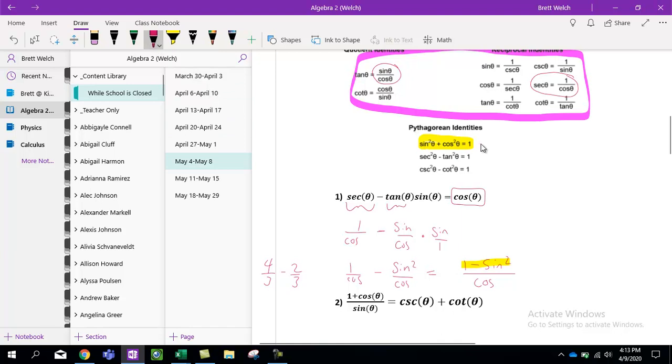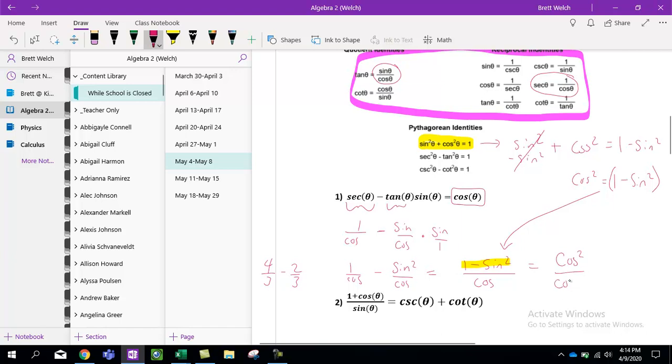If we moved the sine squared over to the other side, sine squared would cancel sine squared, right? I'd get cosine squared equals 1 minus sine squared, which means that when I see this 1 minus sine squared here, I can replace it with cosine squared.